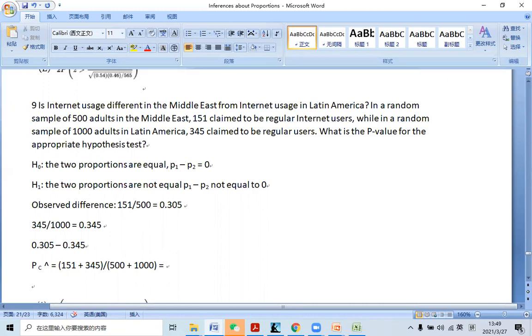Let's see here, got that. 151 plus 345. That is 496. 496 in total out of 1500. 496 divided by 1500 is 0.3307.